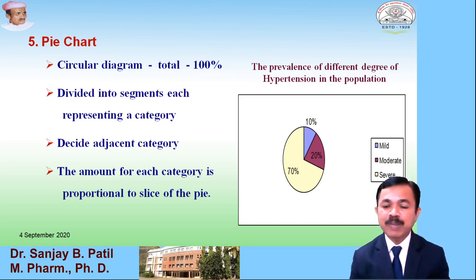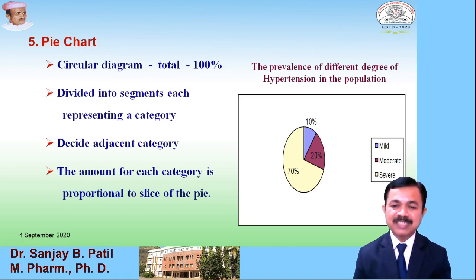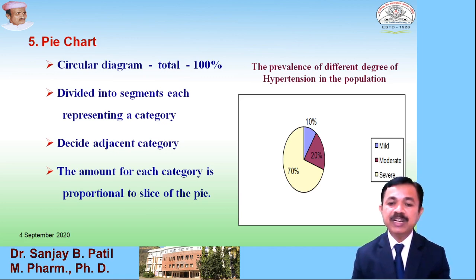Similarly, 20% is for moderate hypertension. So we have to draw an angle corresponding to 20%. So 20% of 360 is 72 degrees. So you have to draw an adjacent angle of 72 degrees.